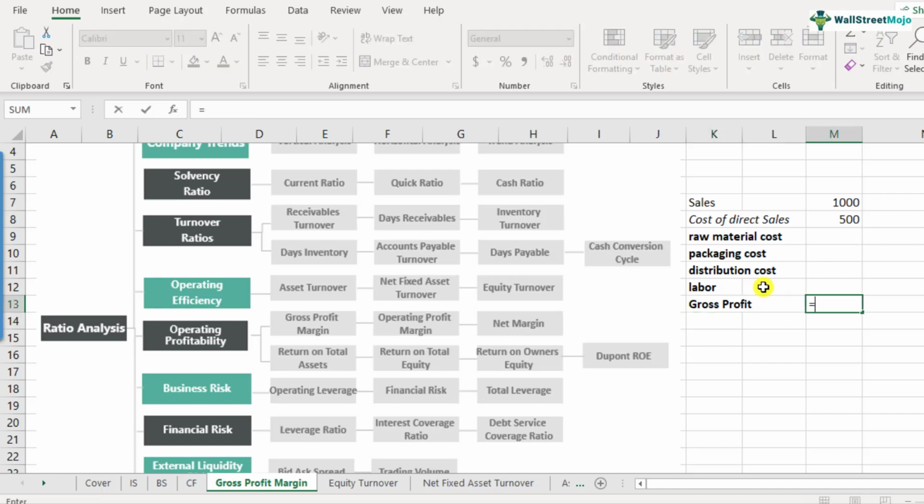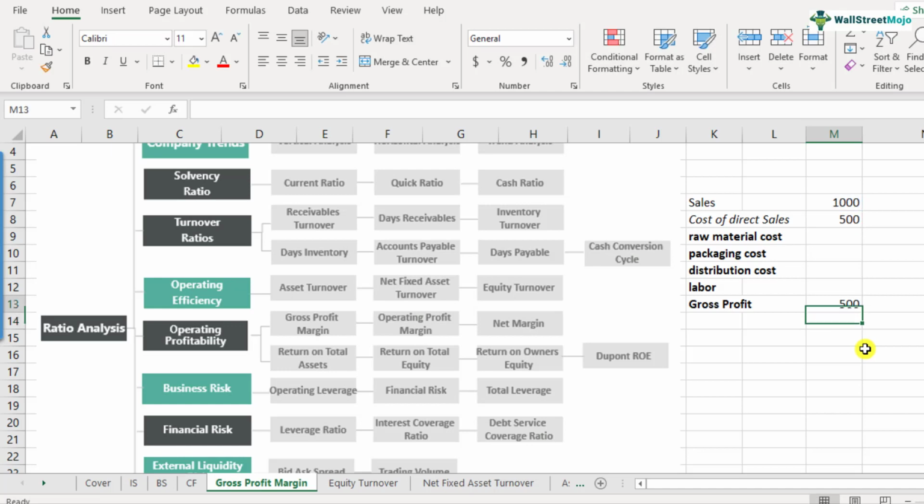That will come out to be 1,000 minus 500, this is 500. Any direct cost needs to be deducted and that will be called the cost of direct sales. We also call this cost of goods sold, COGS.